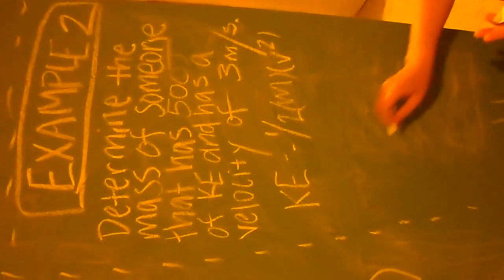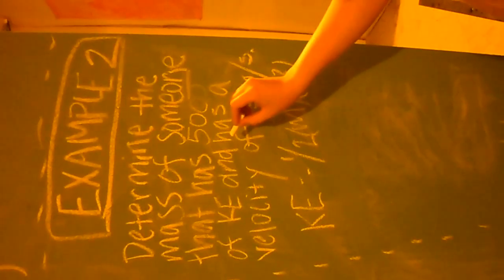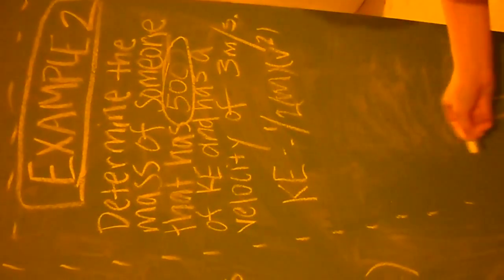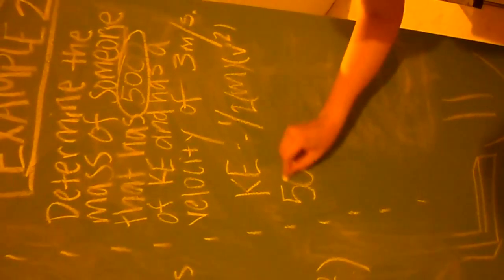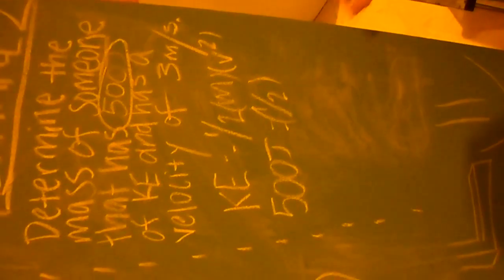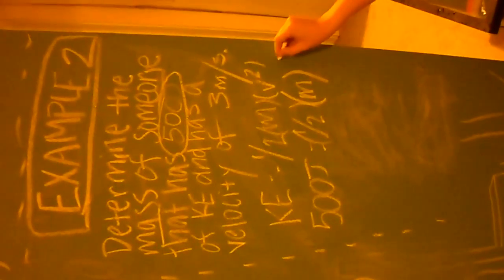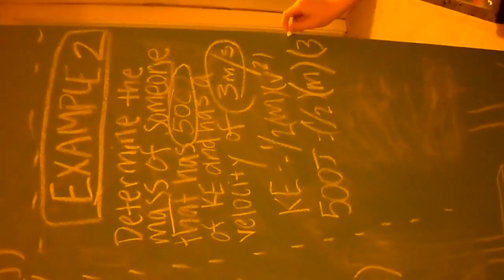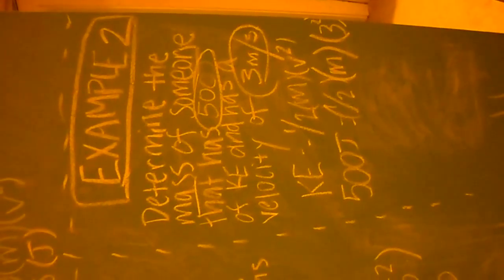And so we know the kinetic energy is 500 joules. And we have 1/2, and we want to determine the mass, so we leave that as mass, and the velocity is 3 meters per second, so that's 3 squared.